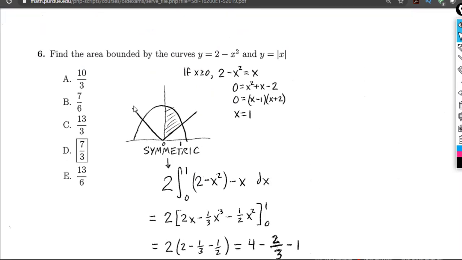Moving on to number 6, find the area of the curve between the functions. And as always, graphing it out would be the best.